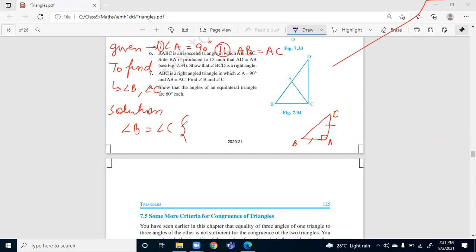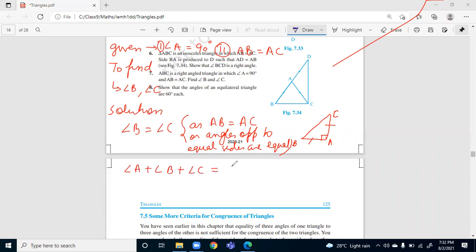Very good. So first step is B is equal to C. What is the reason? As AB is equal to AC, angles opposite to equal sides are equal. So now I can write A plus B plus C is equal to 180 degree, and this is angle sum property.